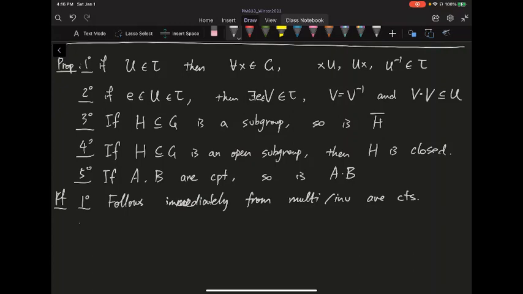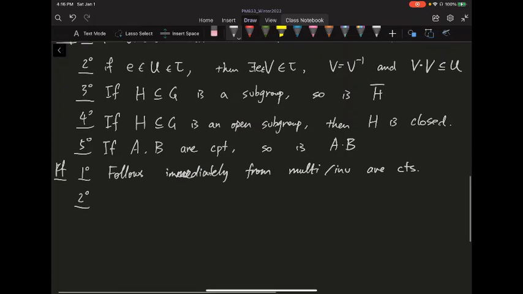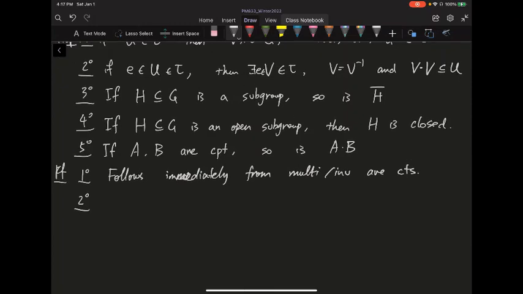All right, and second, how do you pick a symmetric neighborhood inside this U? Well, first of all, because your multiplication is continuous, and since the identity is just identity dot identity, you know that you can find two neighborhoods.